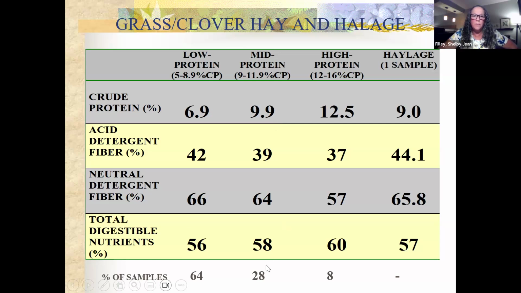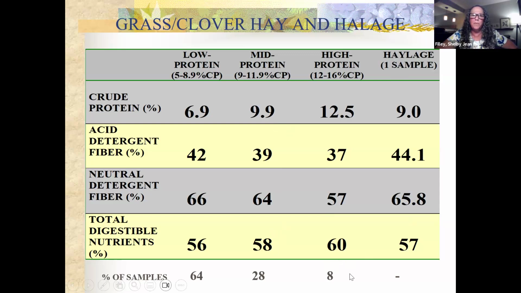There were still quite a few samples in my hay survey that had a mid protein content, so not too bad, but very few of them, 8% of the samples, had a high protein content that you would be able to feed alone in an animal that has a high requirement, lactating, growing, and finishing. Very few of our hay.